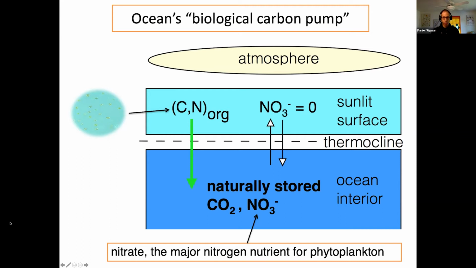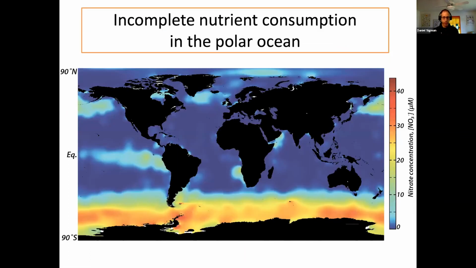But this leaves out one key aspect of the biological pump, which is that it has a huge leak in the high latitude surface ocean, in particular, the Southern Ocean, which is shown down here. These colors are the concentration of that nutrient nitrate at the surface. So as I said, in the low latitudes, these regions here, there are very low nitrate concentrations, complete extraction of nitrate.